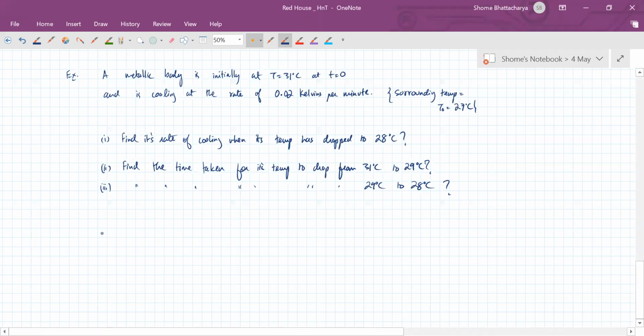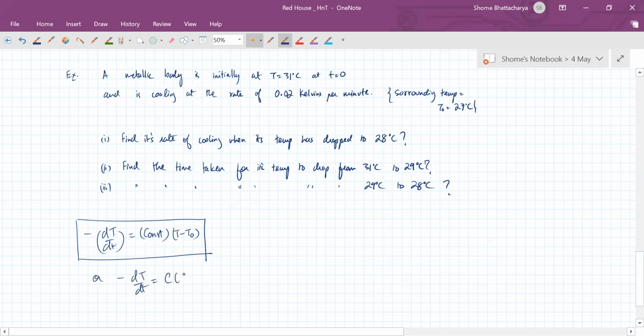In the differential form, we have the rate of cooling is equal to some particular constant into temperature difference. So this is not heat capacity, this is just the constant of proportionality.